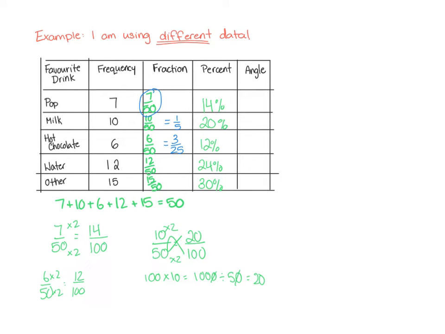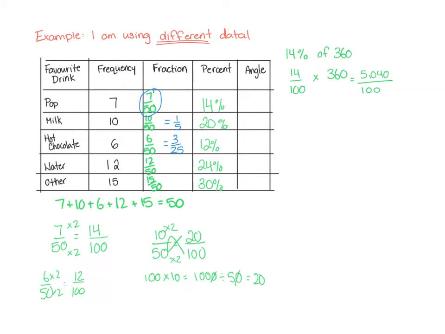To go from a percent to an angle, we need to figure out the percentage of 360 because 360 is a whole circle. So remember, we'll start by turning our percentage into a fraction. Of becomes times, and then we multiply it out. So 360 times 14 is 5,040 over, and then 100 times nothing is 100.